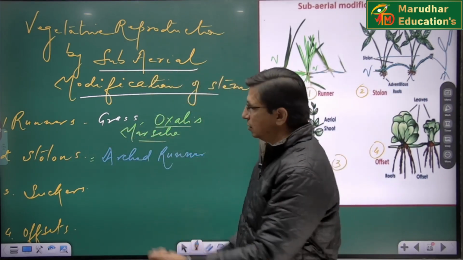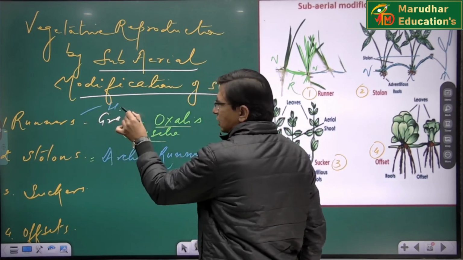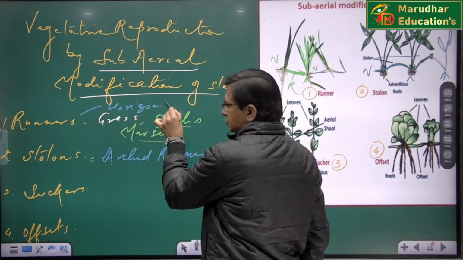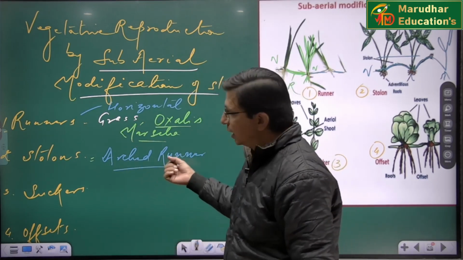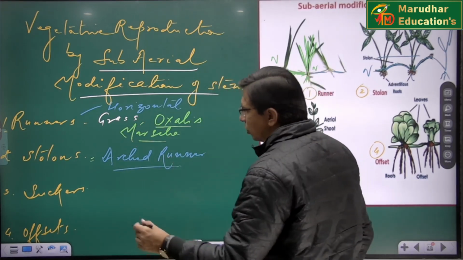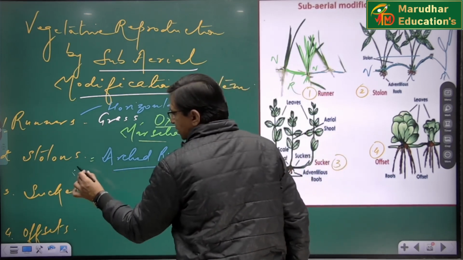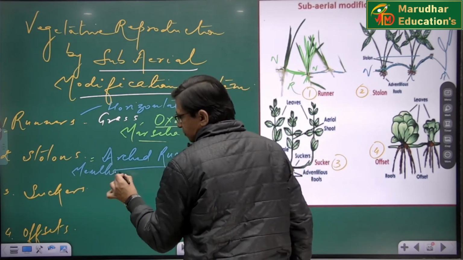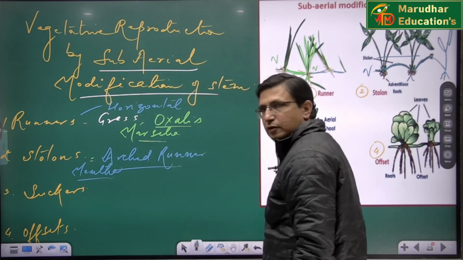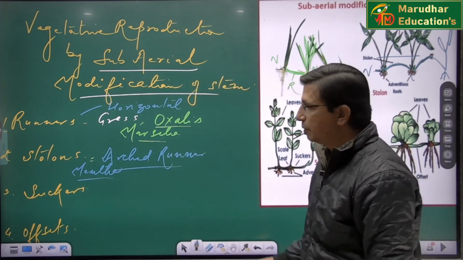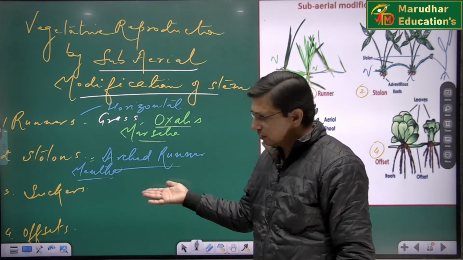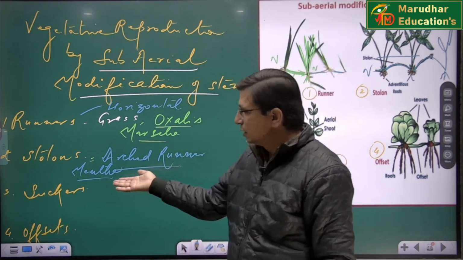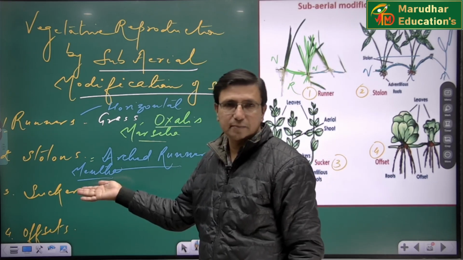Runner is horizontal, but stolon is arced. The example for stolon is Mentha piperita, if you have heard about it. There could be several other examples, but let us remember this one, Mentha piperita.